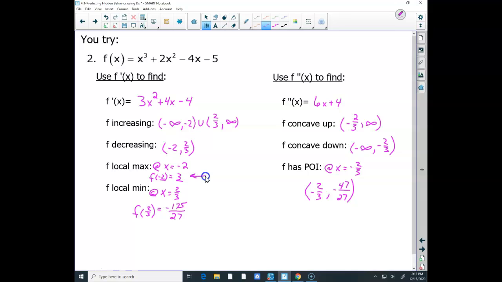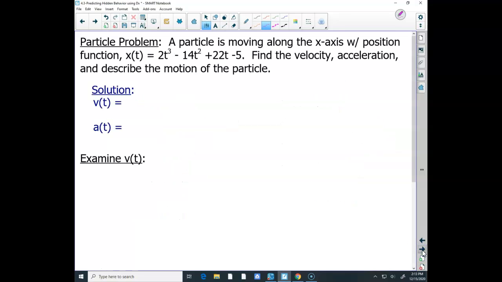All right, last problem we're going to do here, and I'm going to have to pause because I have a different class coming in. I'm going to finish up in a bit. But we're going to do a full analysis of a horizontal moving particle.